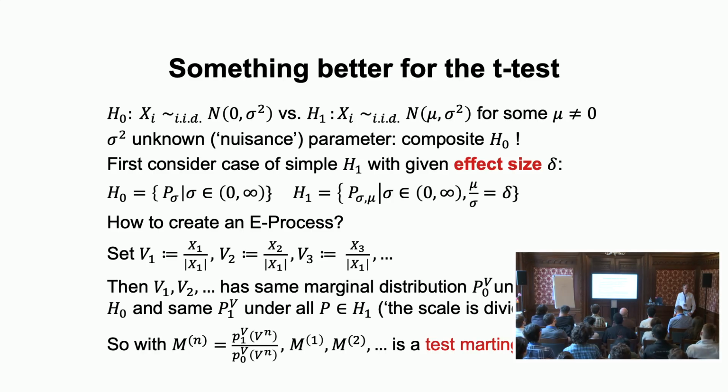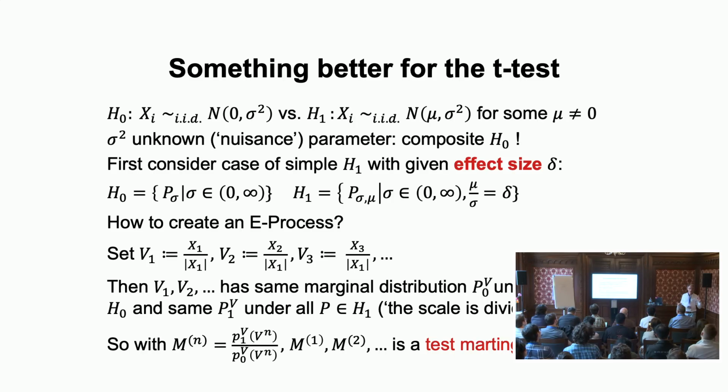And this is very nice because the distributions of these ratios do not depend on the variance anymore. So if the null is true, these x's have a mean with some variance, and the distribution depends on the variance, but these ratios have some distribution. It turns out to be a t distribution, which does not depend on the variance anymore.